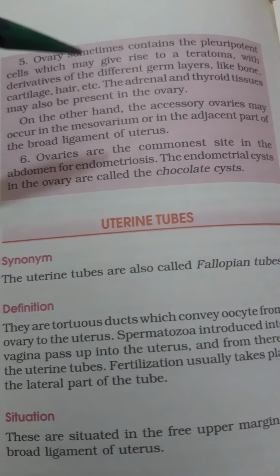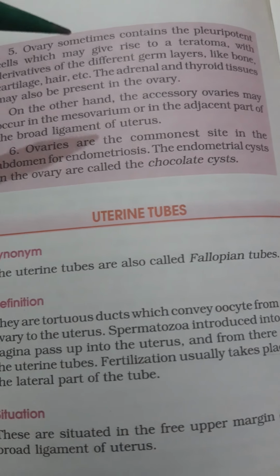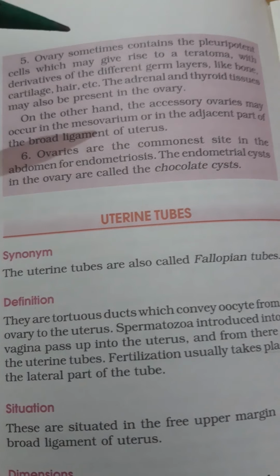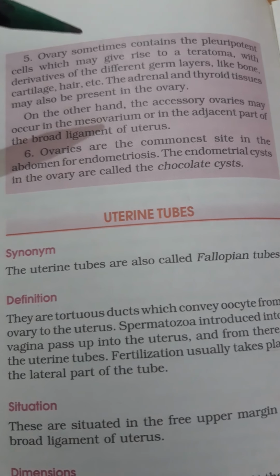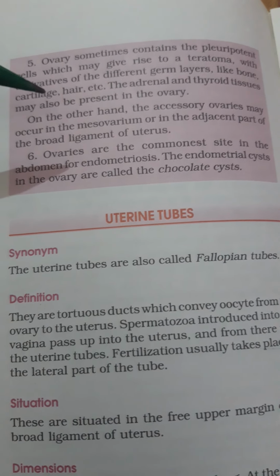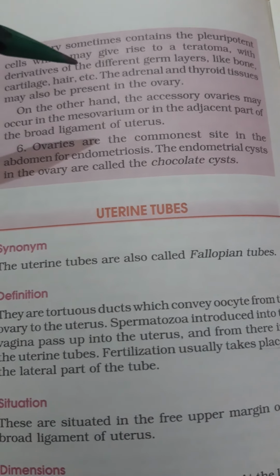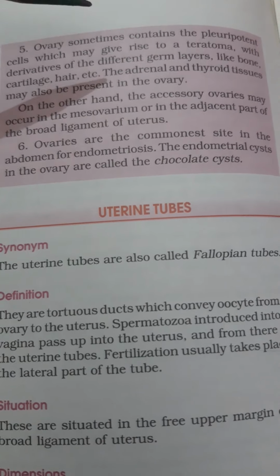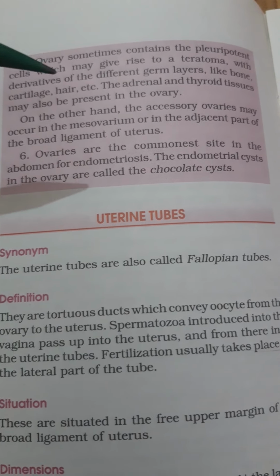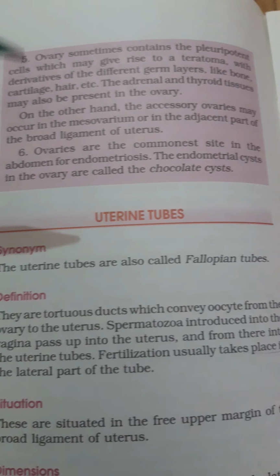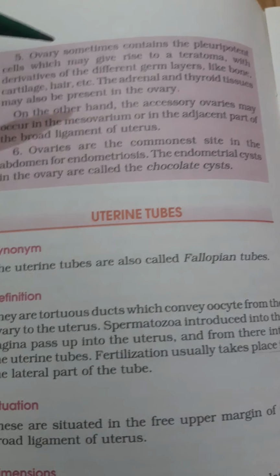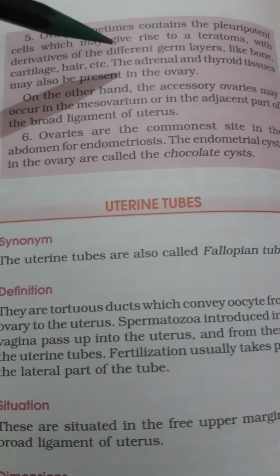So sometimes teratomas can occur which contain tissue of bones, cartilage, hair, thyroid tissue, etc., and can cause abnormal functioning because of these tissues.